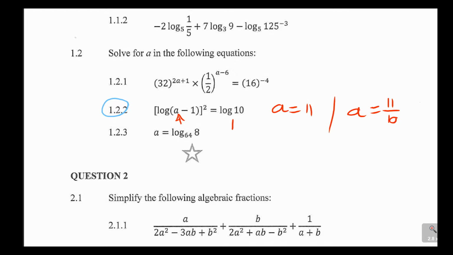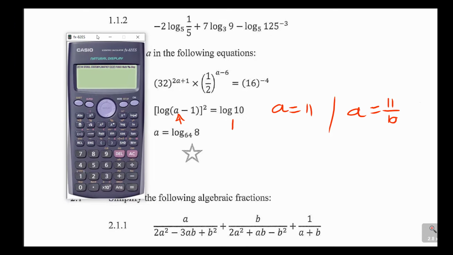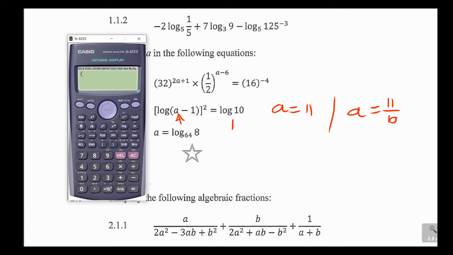We put a bigger bracket on the outside, then log, and our a, the first one, say 11.